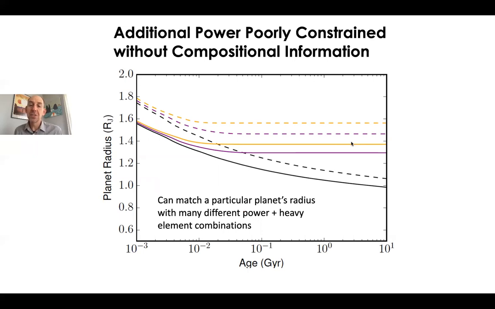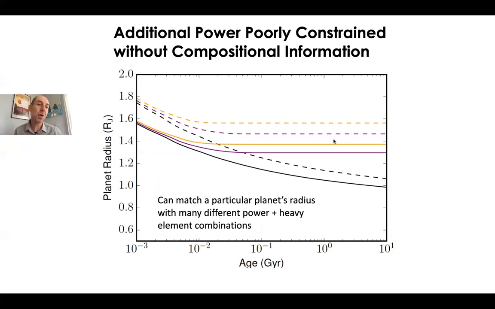A given simple model would have the planet contracting in black, and you would not be able to reach the planet's known radius. But if you can transmit a small fraction of the parent star's energy into the deep atmosphere, you can stall the contraction and cooling. And that's what's shown in the gold and purple models over here.